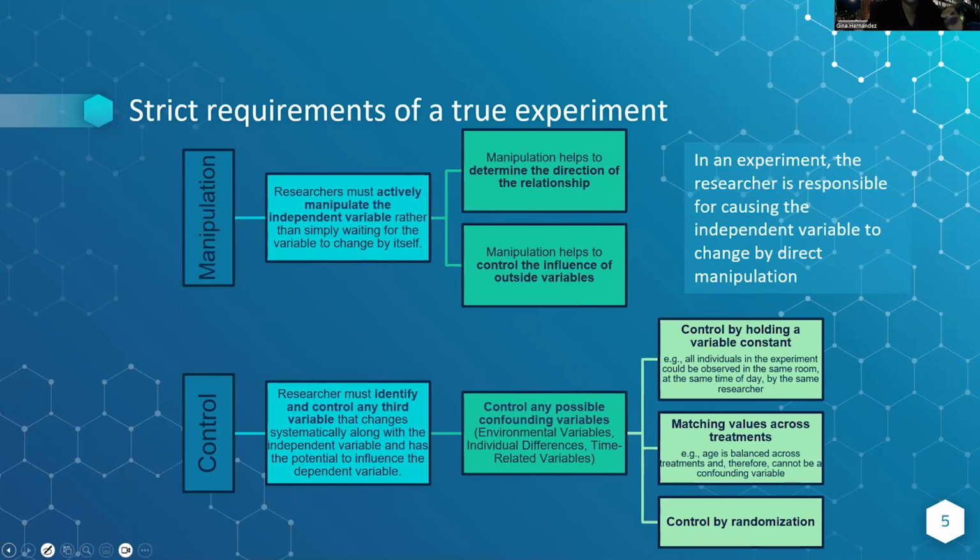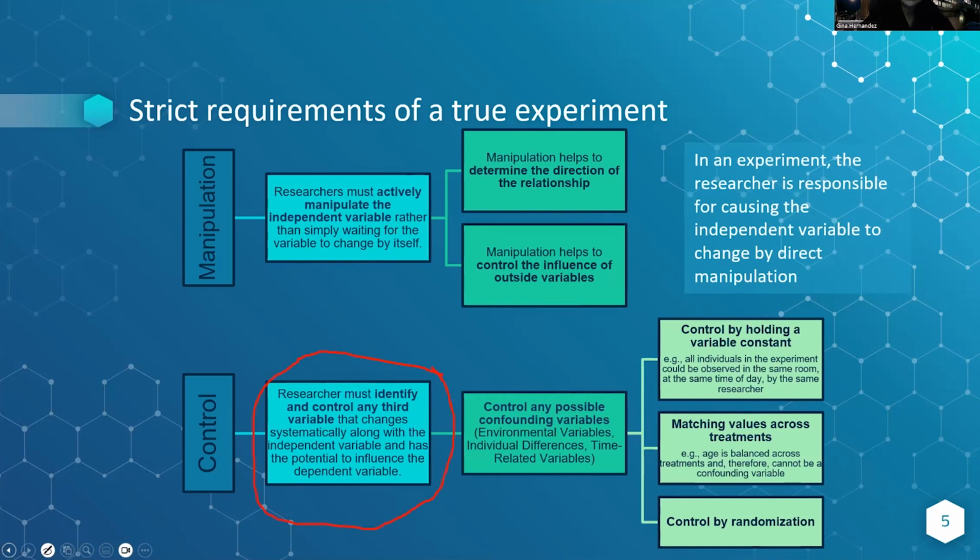and to manipulate it. So control also has to do with identifying any third variable that changes systematically along with the independent variable. Because potentially it may be having an influence on the dependent variable.